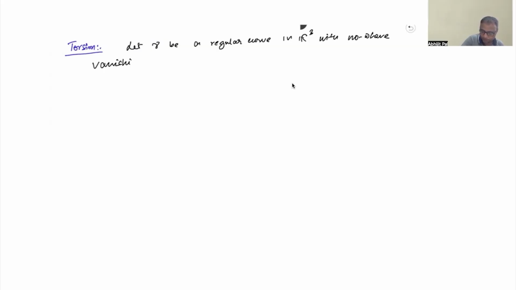Let us recall the formula we obtained for the torsion in the last lecture. Let gamma be a regular curve in R3 with nowhere vanishing curvature.